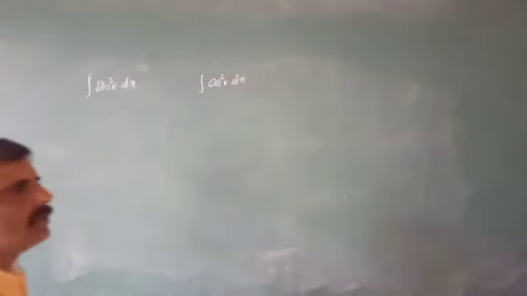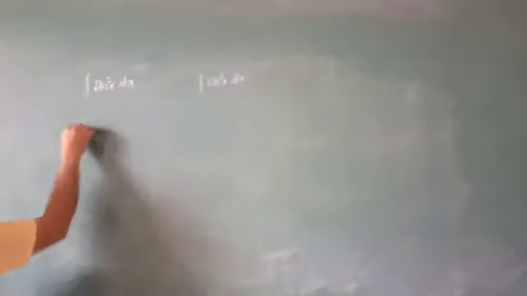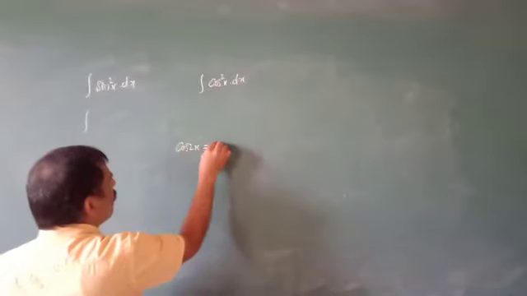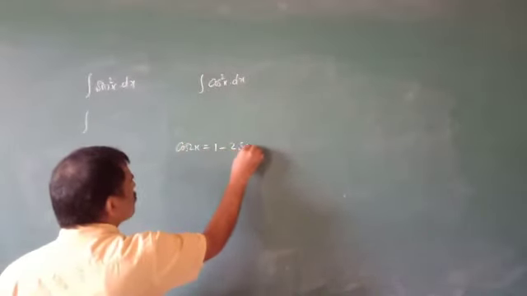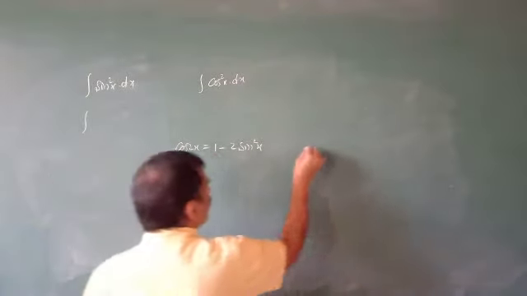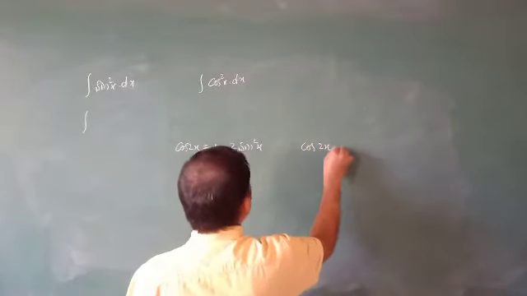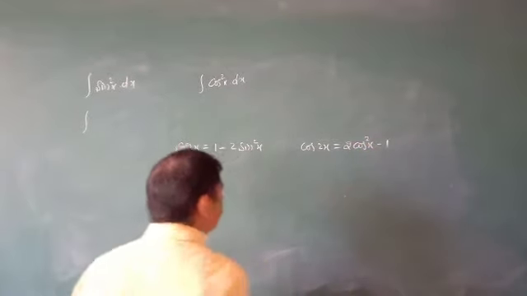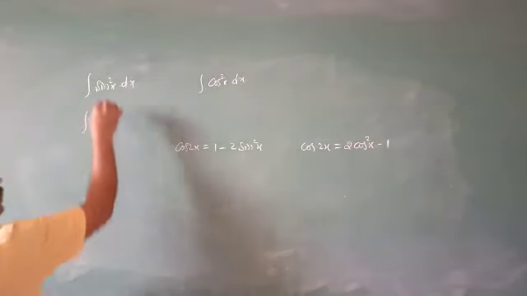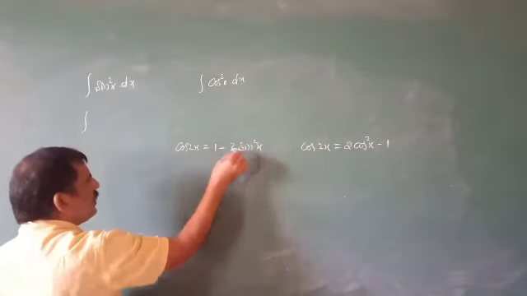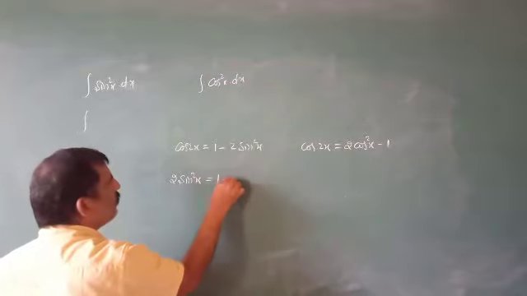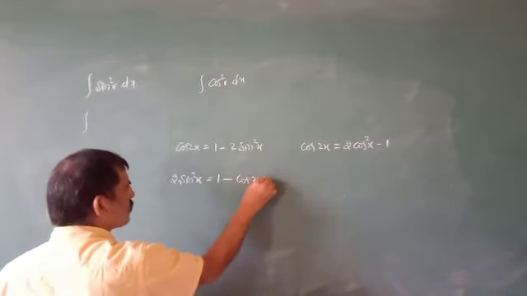So sin square x: cos 2x is equal to 1 minus 2 sin square x, or cos 2x is equal to 2 cos square x minus 1, we can write. So bring sin square x to this side: 2 sin square x is equal to 1 minus cos 2x.